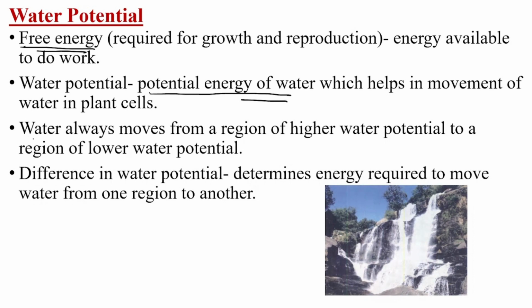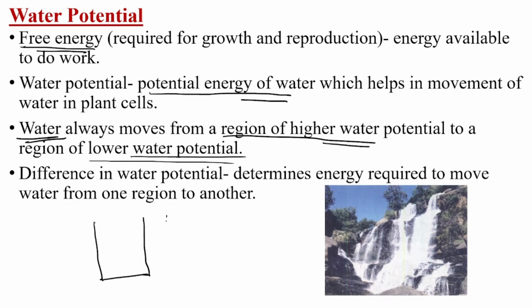It is usually observed that water always moves from a region of higher water potential to a region of lower water potential. To understand this, let us consider an example where I take two beakers. In this beaker I added 50 ml of water, and even in this I added 50 ml of water.